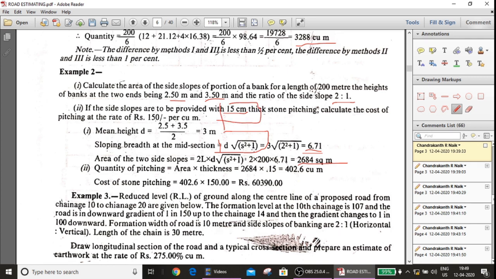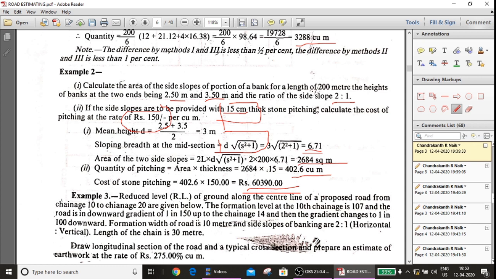The area is 2684 square meters into thickness 15 centimeter, that is 0.15, equal to 402.6 cubic meters. So 402.6 cubic meters into the rate 150, we will get the cost of stone pitching as 60,390 rupees.